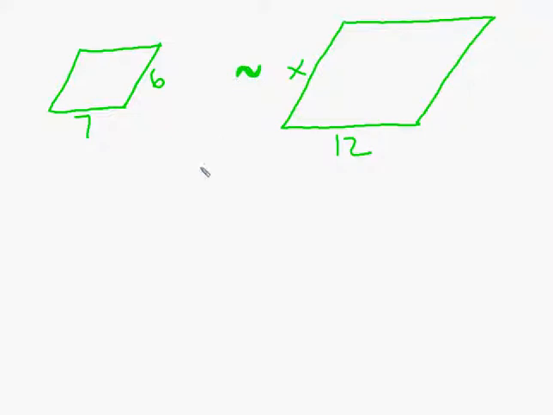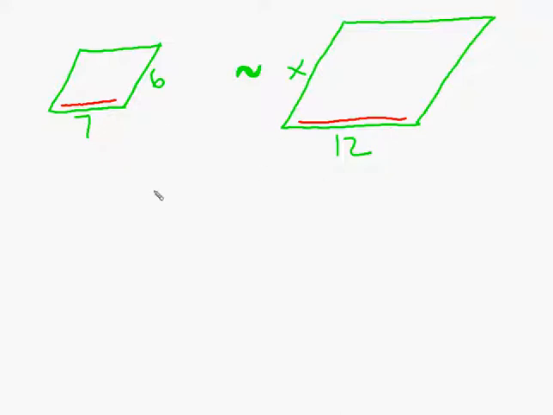That means they're in proportion. So how do I set this one up? I need to identify the corresponding parts. Luckily, they're already oriented kind of the same way, so it's pretty easy to figure out that 7 corresponds to the 12. Those are the corresponding parts.